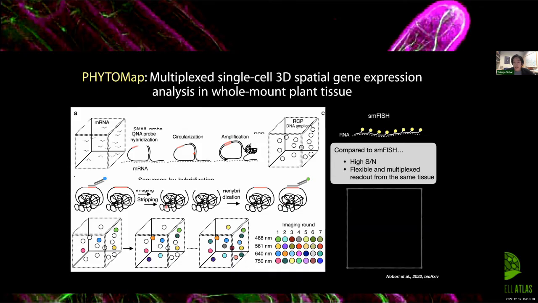So here I'm showing an example of the actual signal from PHYTOMap in a very small region. It goes through hundreds of Z planes. Each dot is a single mRNA-derived molecule. Different colors mean different genes.